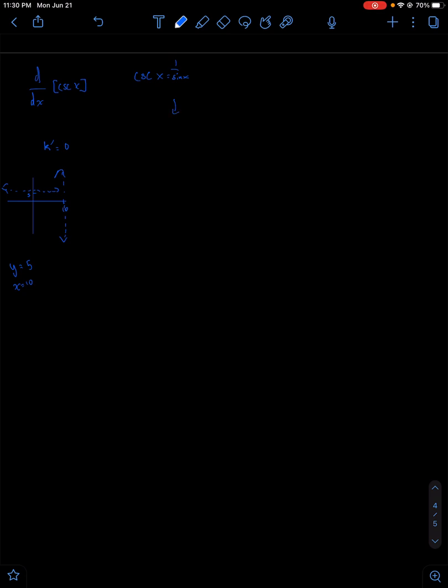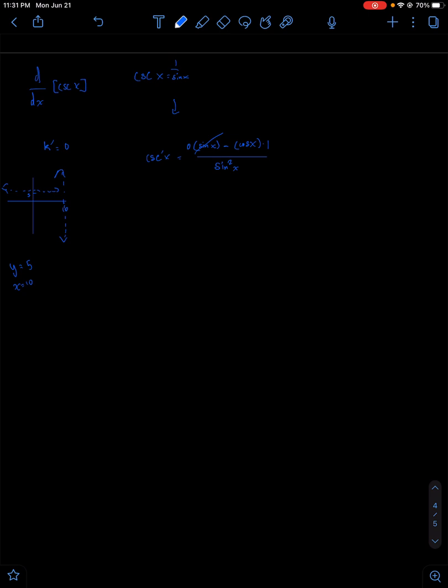So we get the derivative of cosecant of x is equal to 0 times sine of x minus the derivative of sine of x, which is cosine of x, times 1, all over sine squared x.